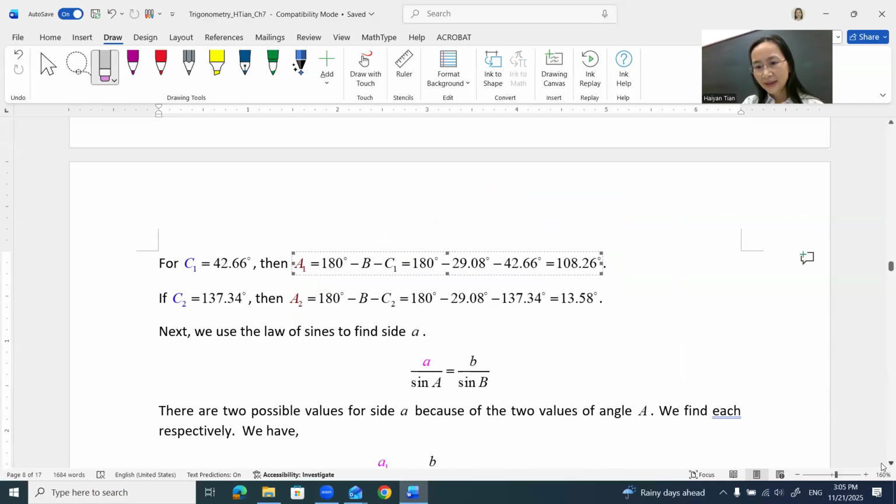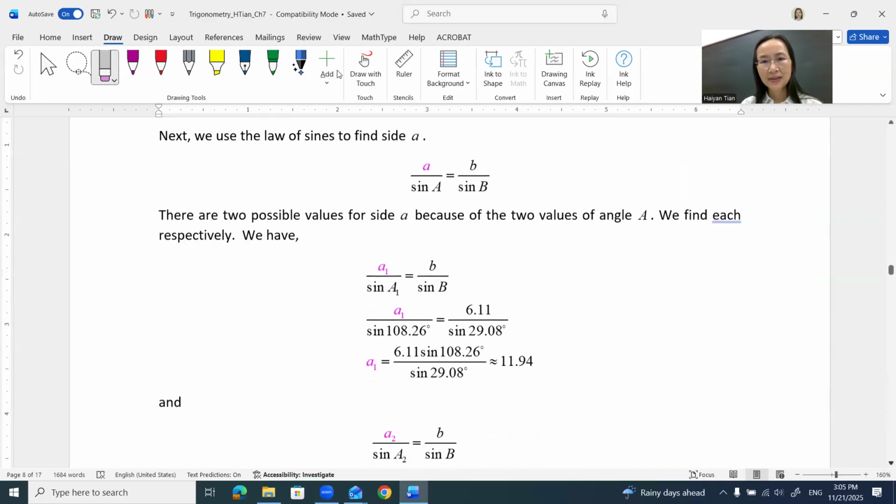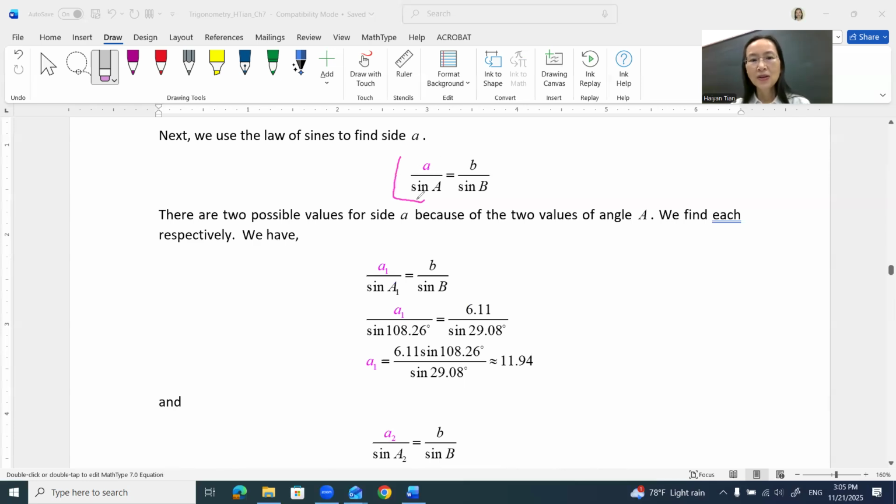So the length A, immediately we choose the law of sine in this version. We put A, the length A to be found, in the numerator just for convenience. A over sine A equals B over sine B. You see the choice of B over sine B only because neither is a value calculated by us, because we try to use whatever is given. If possible, just use what is given.